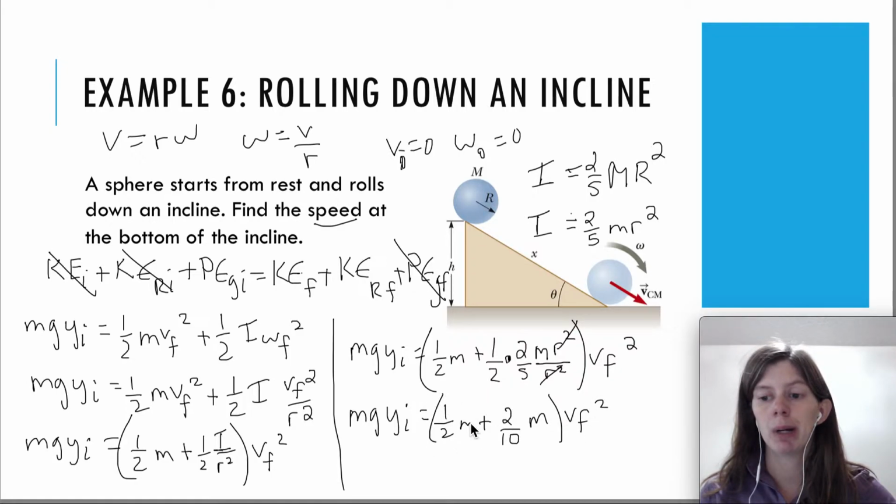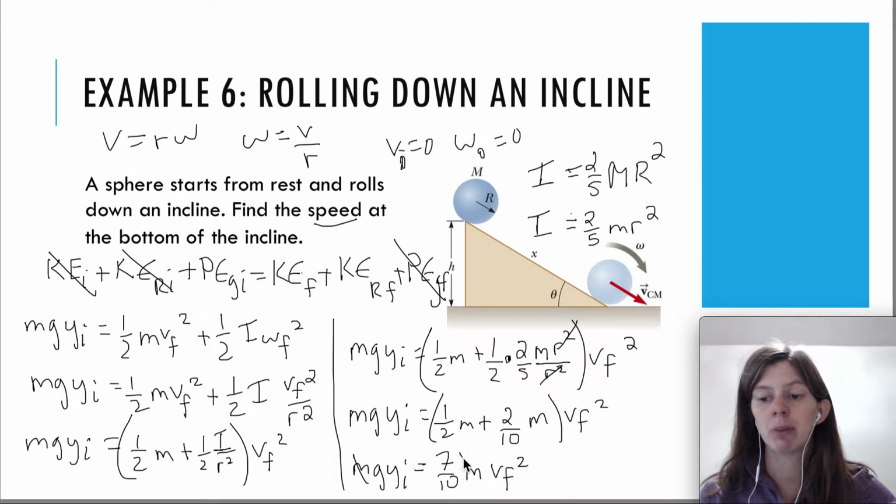Now we have to combine our coefficients here, 1/2 plus 2/10. Well, 1/2 is the same thing as 5/10, so 5/10 plus 2/10 equals 7/10 m vf squared. And we're almost done. Now we can see that we can cross out the mass.